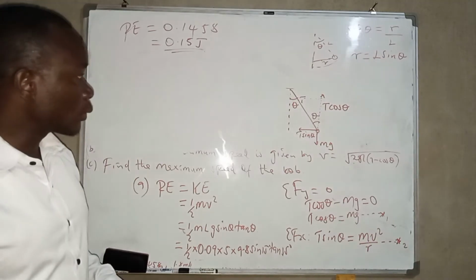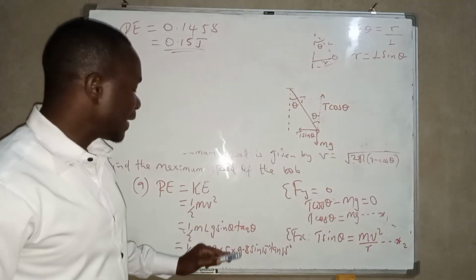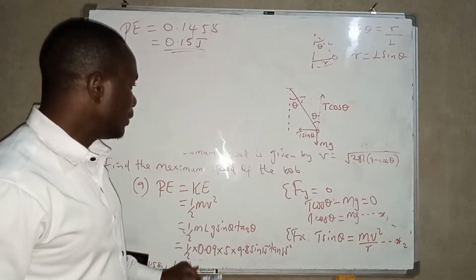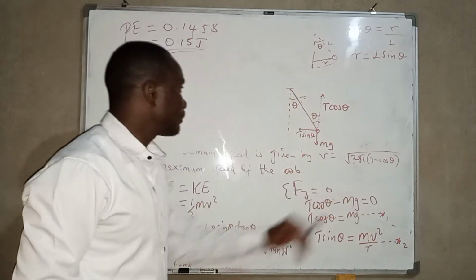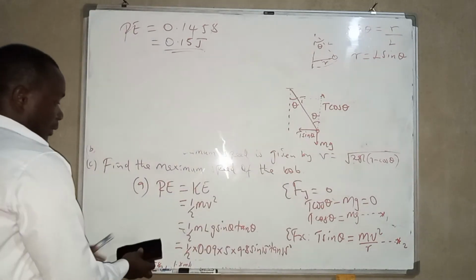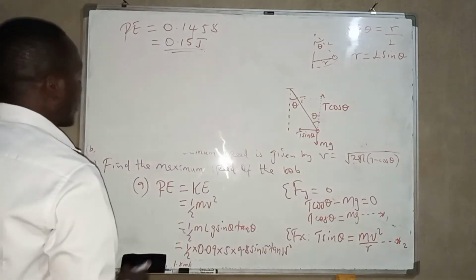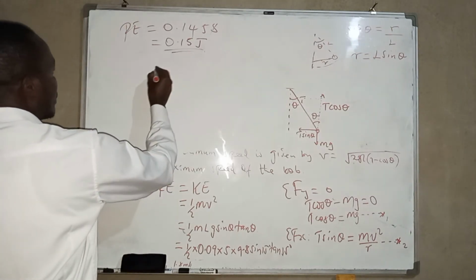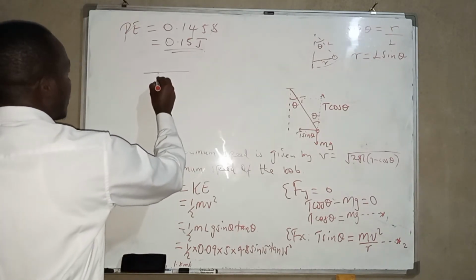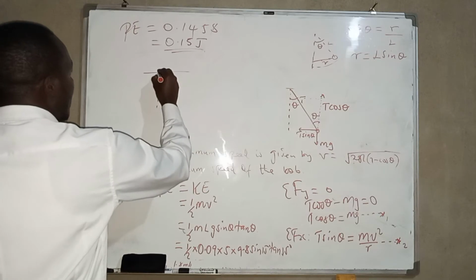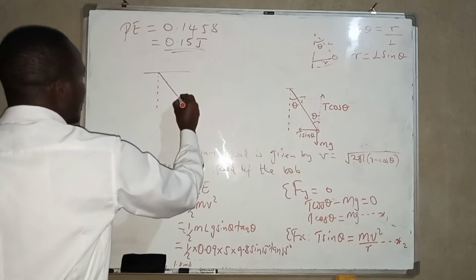So now we are going to find, or to show, that the maximum speed is given by this. So let me just try to come up with a free body diagram one more time. We have got this, then we have got this.